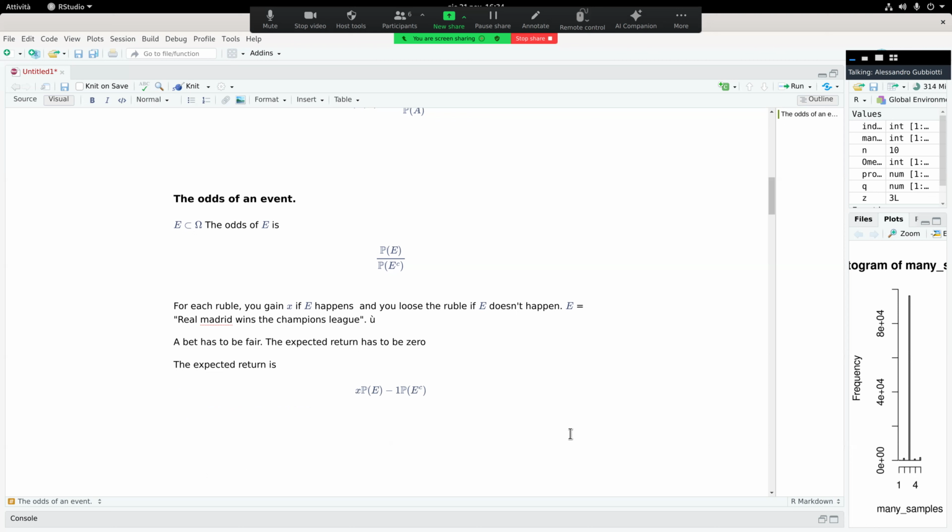Why? Because if it is greater than zero, then with the bet you expect to win. If it is lower than zero, then you bet the other way around. Usually you can bet for whatever event you want, so if this expected return is negative, then you do the other bet. So it has to be zero.